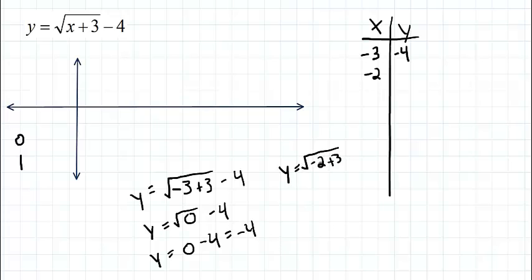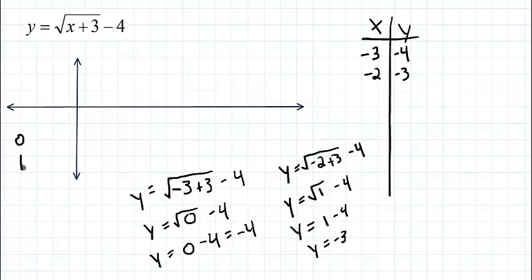That -2 represents the X, and then a -4. Well, if we simplify this, -2 plus 3 gives us our 1, and then we've got -4. When we take the square root of 1, that gives us our whole number. That's just 1, and then we have 1 minus 4, which is -3. So when X is -2, we've got a -3 for our Y.